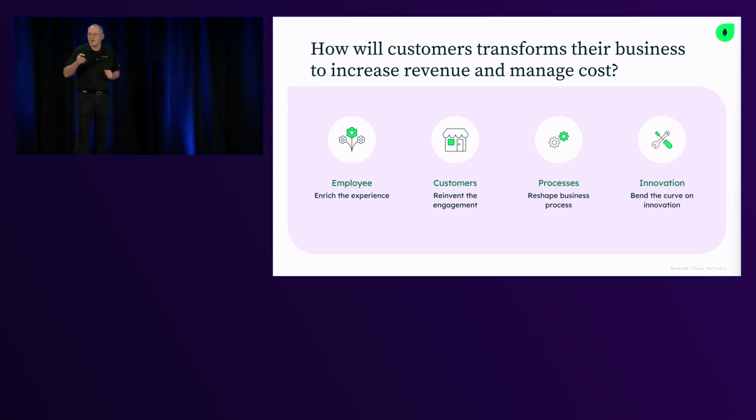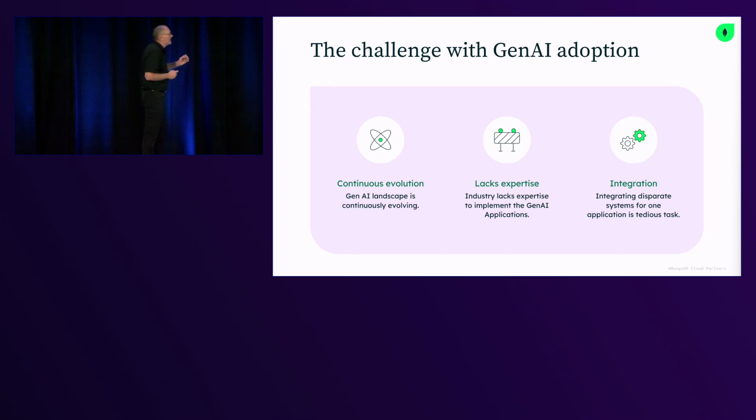So obviously, there's a lot we can do with AI that will drive that competitive advantage, but getting this done, making it happen, is not easy. When we look at what's happening with Gen AI adoption, it's happening in fits and starts across industries, and the reason why is because there's a continuous evolution of this tooling that's going on.